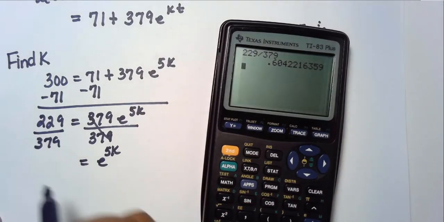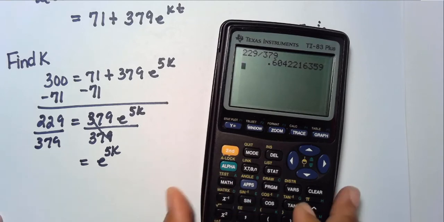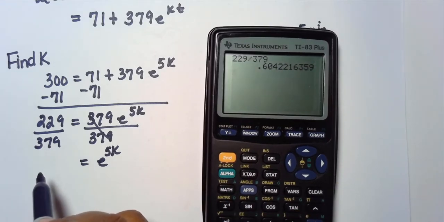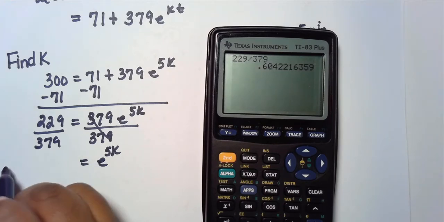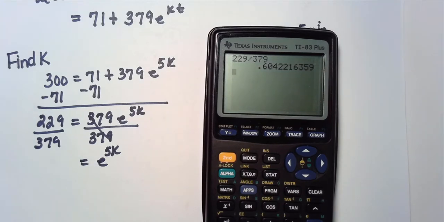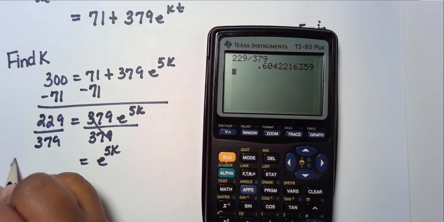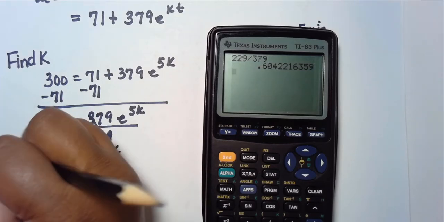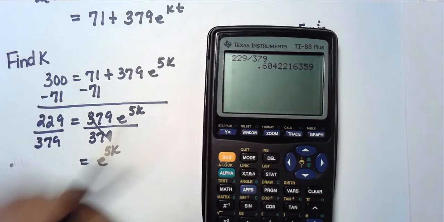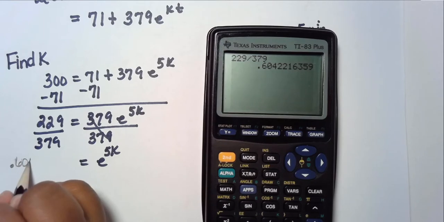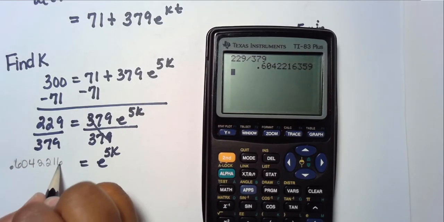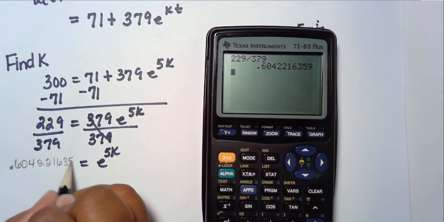So let's go ahead and write this out. I would rather you write it out in decimal form than keeping this in fraction form and taking the natural log. So here we have, I'm going to write this out in pencil since it's kind of long, 0.6042216359.